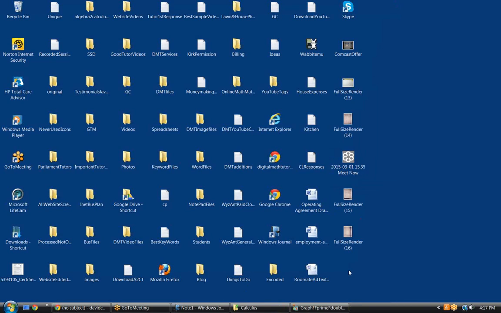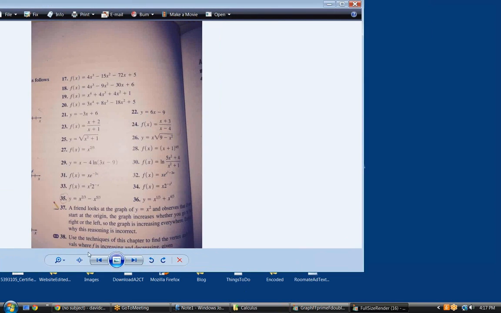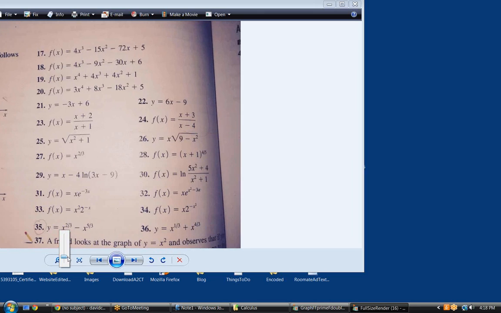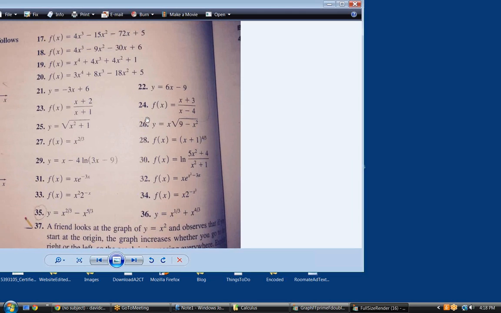Let's see. Let me open this one right here. Okay. The only thing I don't have on this are the instructions. I assume it's the same. Yep, it is. Okay. Well, you know how to do the cubics.